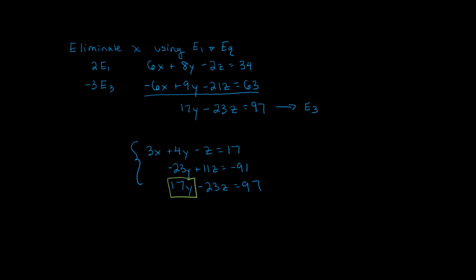So our numbers are going to be gross here because we've got negative 23 and 17. But as long as you have a calculator, you can do this. So we are going to have to multiply equation 2 by 17, and then equation 3 by 23, essentially.